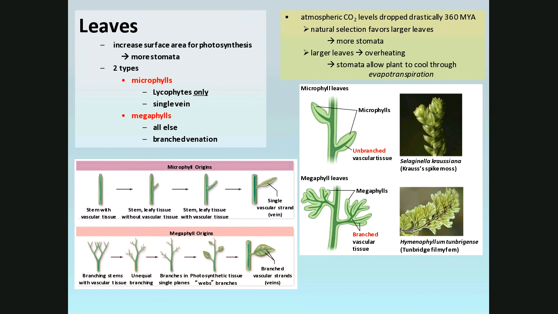Now, bigger leaves are good, right? Yeah, they're going to allow better photosynthesis, or more photosynthesis, take advantage of more sunlight. But now there's going to be kind of a balance that goes on. About 360 million years ago, the atmospheric carbon dioxide levels began to drop drastically.